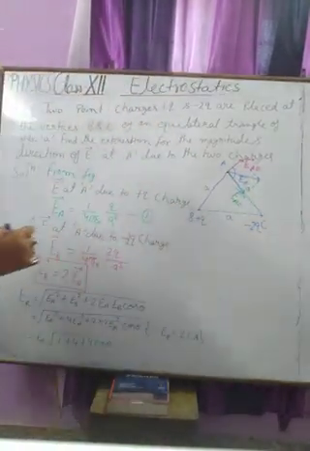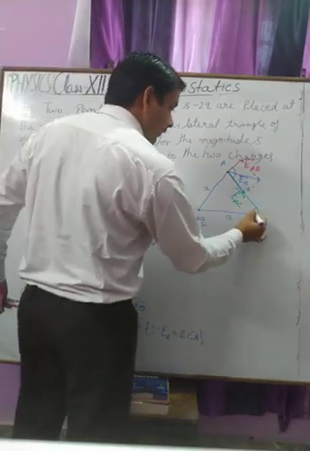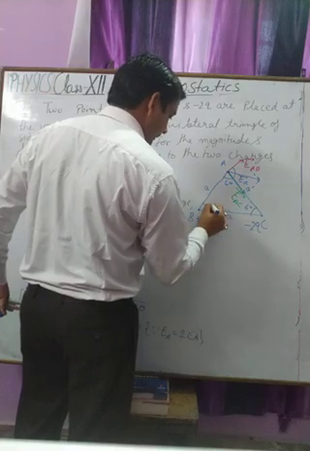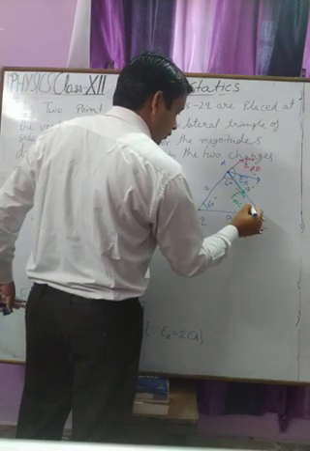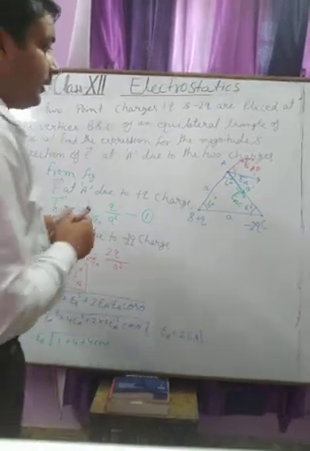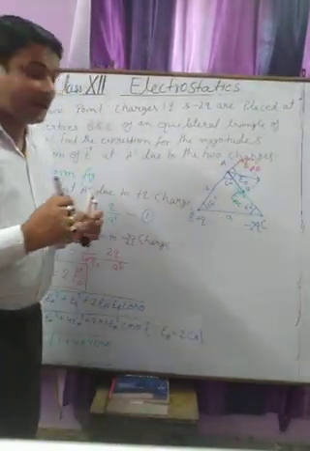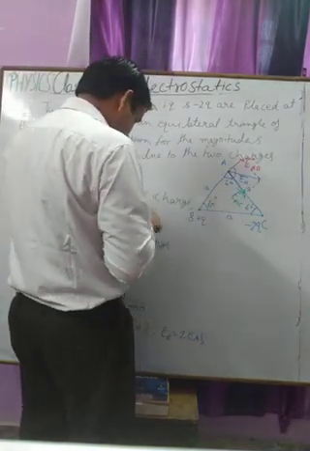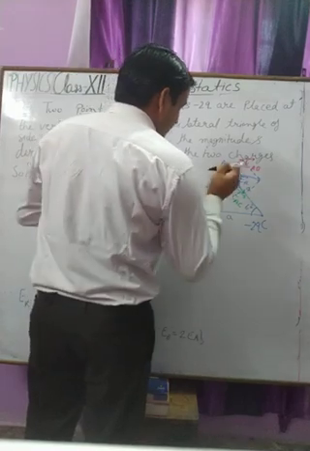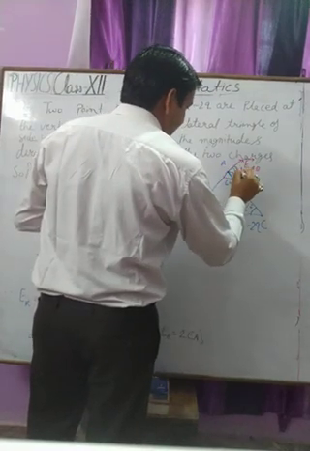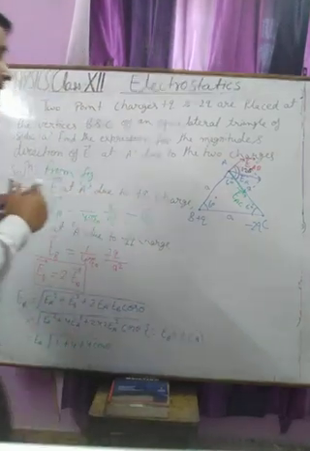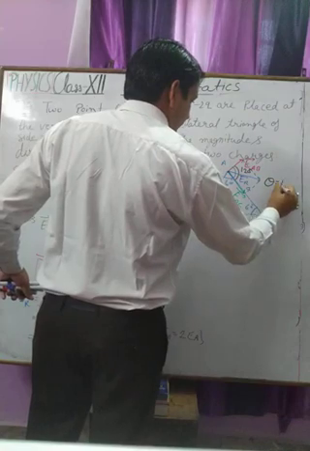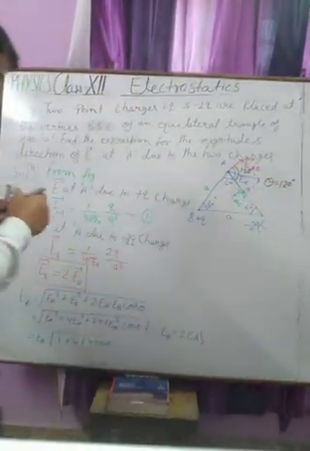From the figure, we all know, student, every angle of an equilateral triangle is 60 degree. Therefore, by the external angle of triangle we calculate this angle as 120 degree. So we use in place of theta 120 degree.